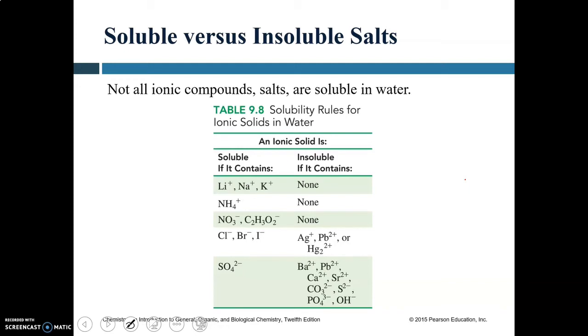We need to mention that not all ionic compounds or salts are soluble in water. For sodium, potassium, and lithium, all their salts are soluble. All salts of ammonia are soluble. All nitrates and acetates are soluble. For salts of hydrochloric, hydrobromic, and hydroiodic acids, the salts that are formed with silver, lead, and monovalent mercury are insoluble.